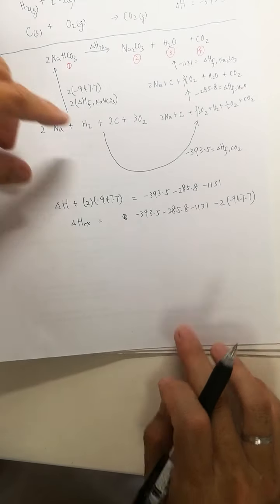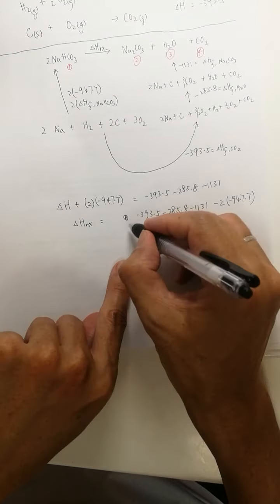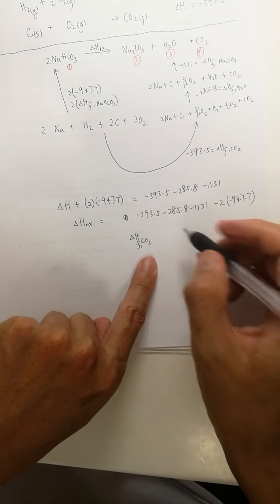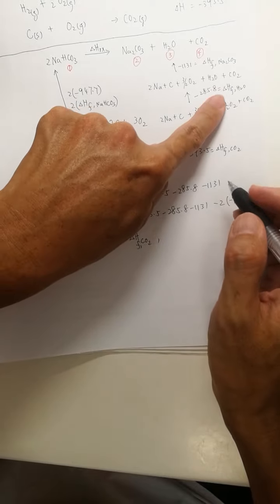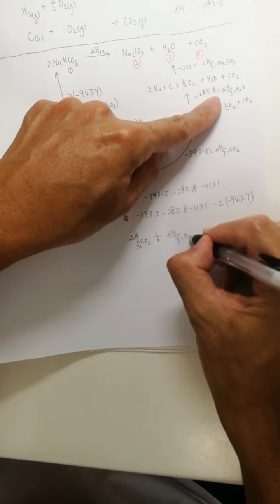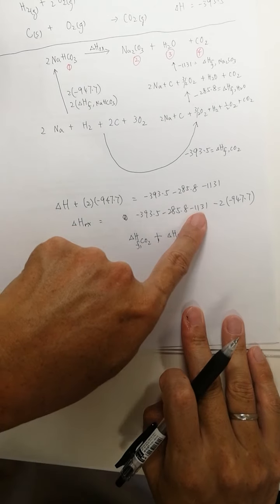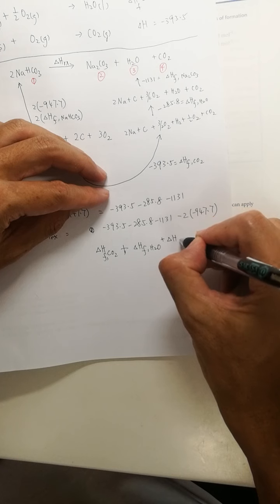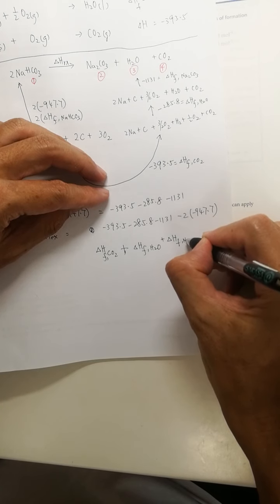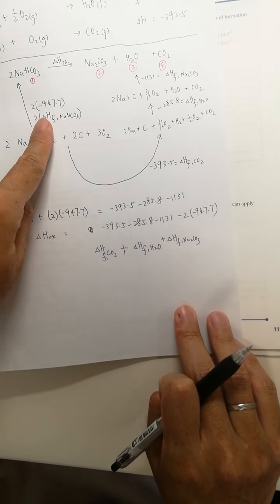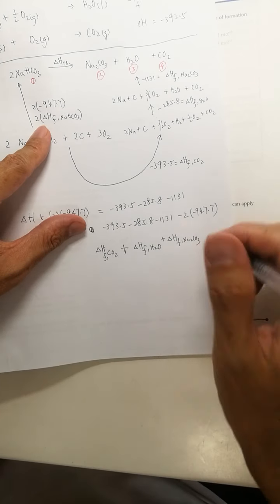Okay, and it is delta H formation of CO2, and the formation of water, and the formation of sodium carbonate, and the formation of sodium hydrogen carbonate.